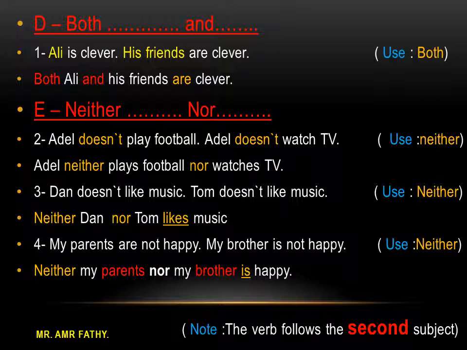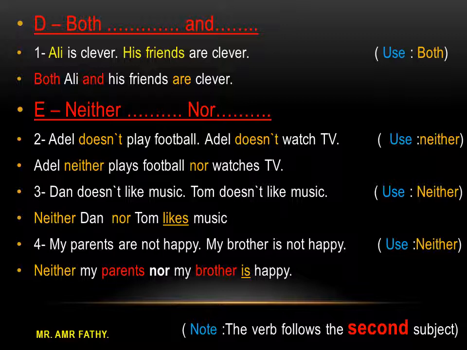So notice that most of the cases that we have in this session follow the second subject if you have two different subjects, like neither nor, and some of them follow the first subject, like as well as. Is it okay?